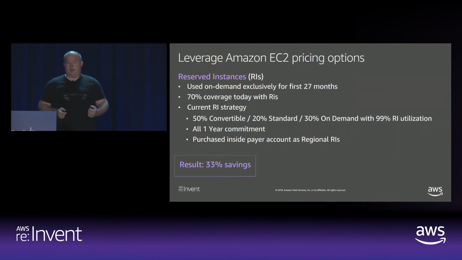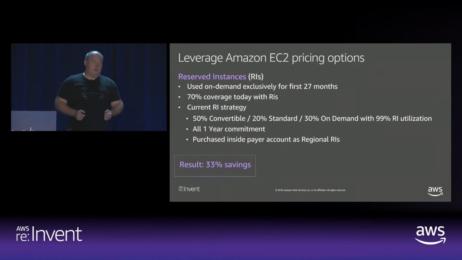Our current RI strategy, which reflects where we are in our journey, is to use 50% convertibles, 20% standards, and 30% on-demand, and we are achieving about a 99% RI utilisation with that, which I've been told is rather good. We purchase all of our reserved instances as a one-year commitment, and we purchase those inside the payer account as regional RIs, so they're locked to the region. And we're achieving about a 33% saving versus on-demand with that strategy.